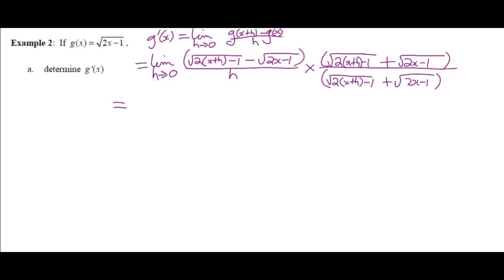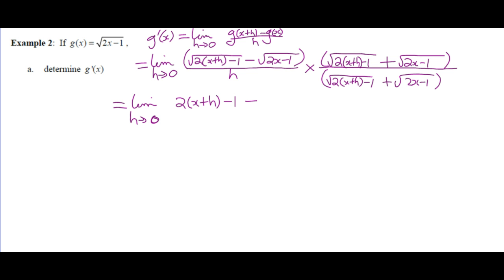All right, so that's equal to the limit as h approaches 0. Okay, so the top is now set up as a difference of squares, so that's easy to multiply. You square the first square root, so that's 2 times x plus h minus 1. And then we've got the plus and the minus, so the middle terms are gone.